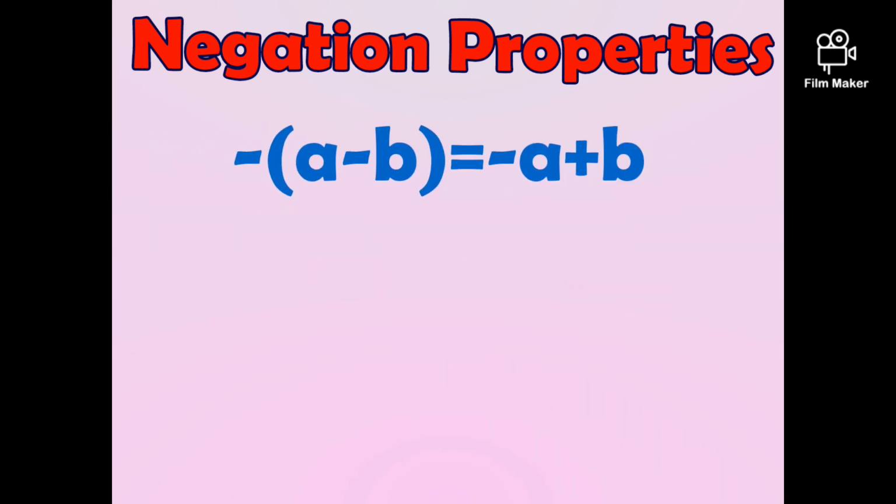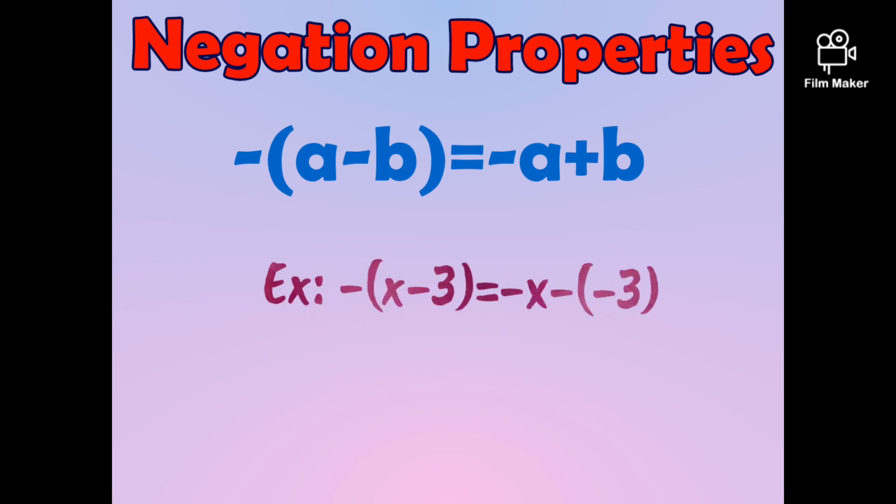Then, let's have our last negation property. Let negative multiplied by the group a minus b be equal to negative a plus b. A negative outside the parenthesis will be distributed into every term inside the parenthesis. For example, a negative multiplied by the group x minus 3 is equal to negative x plus 3.